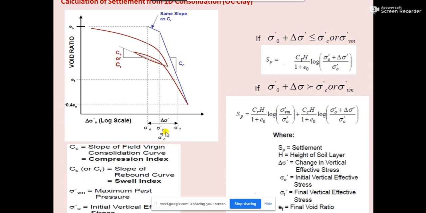Sigma c dash or Vm dash means the effective past pressure whatever the soil has experienced.